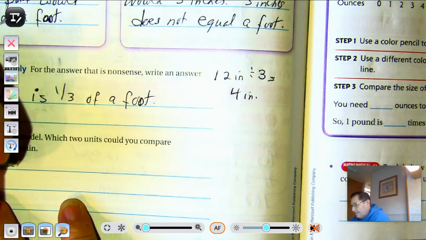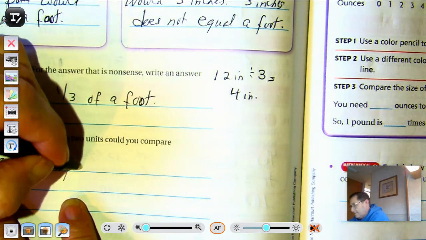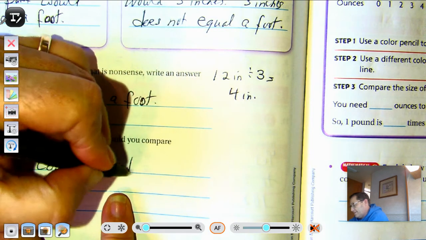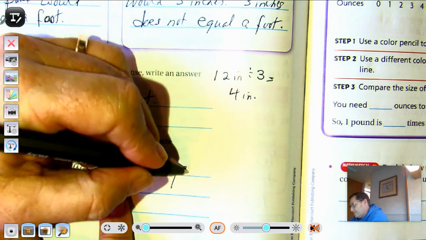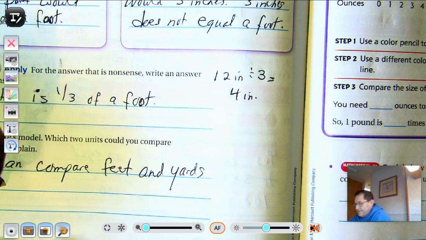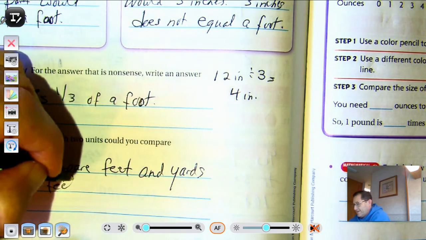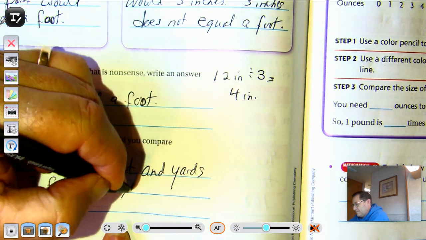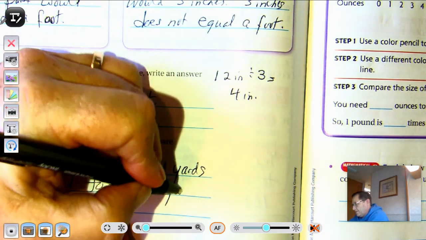He can compare feet and yards. It takes 3 feet to equal 1 yard.